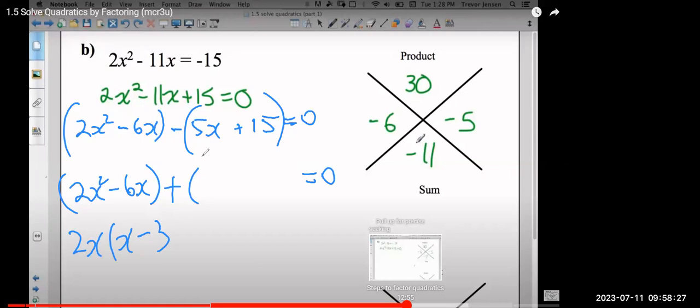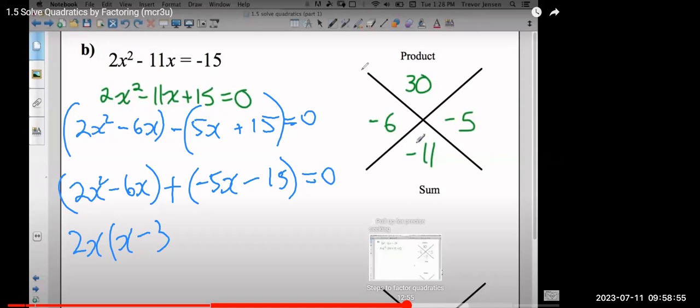So it should be negative 5x, and then this should be a -15. That should have been there. I made a mistake. Okay, so now I factor out... that's still going to be off. Maybe the question is written in a way that doesn't make any sense.